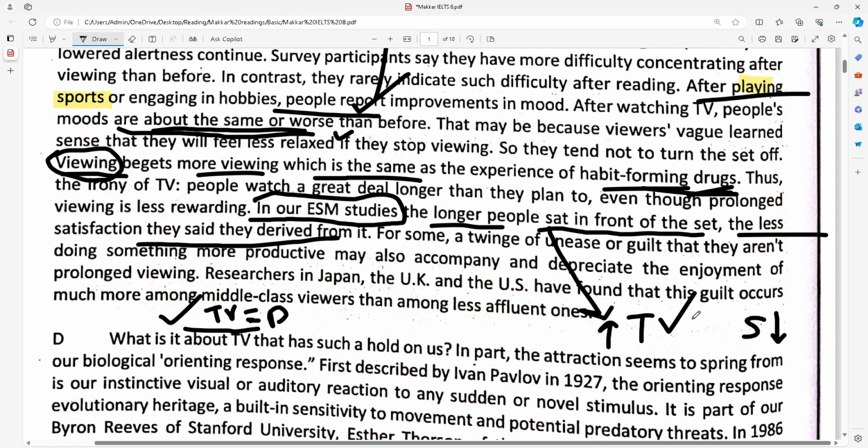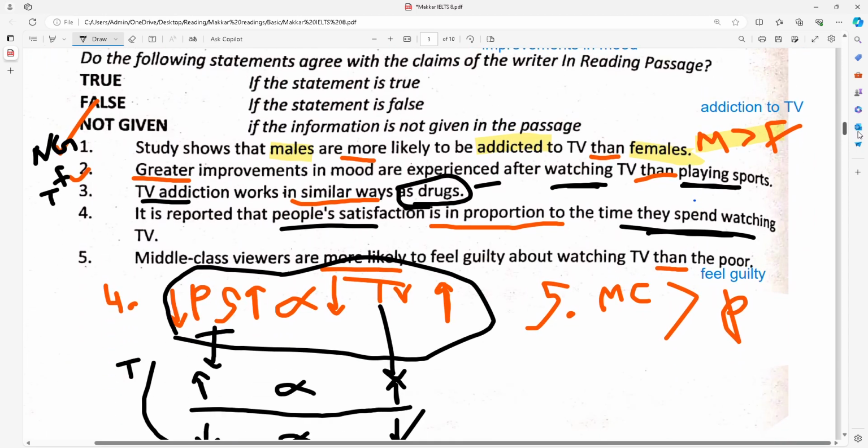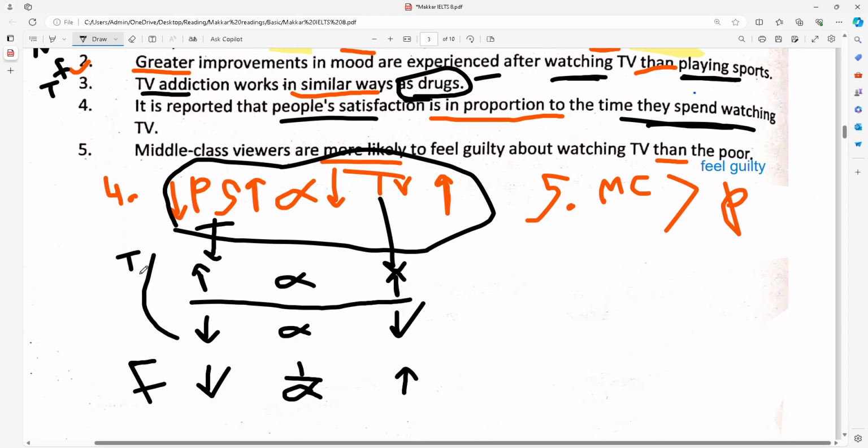The more time they spent, the less satisfaction they got. That means this relationship is inversely proportional, or let's say this is an opposite relationship. Now we got our answer. In the question they're saying it has a directly proportional relationship, but when we read the paragraph they say that the relationship is opposite. That means this is a false statement.